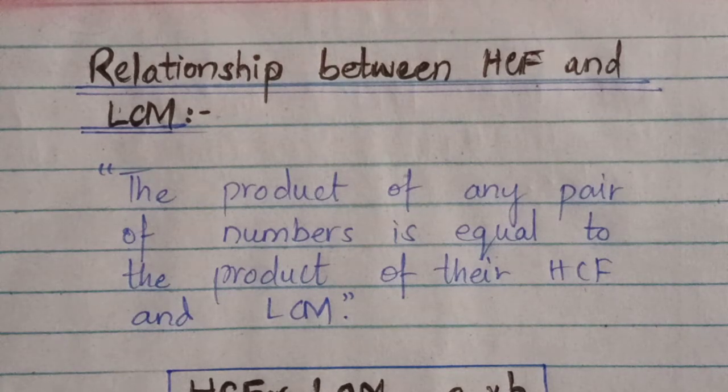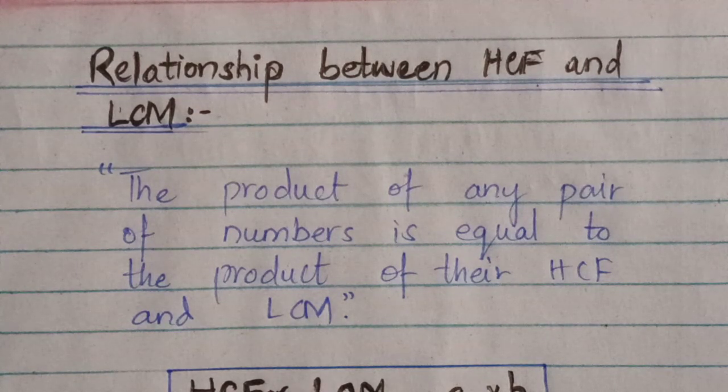So the product of any pair of numbers A and B equals the product of their HCF and LCM. It means that the product of any two numbers A and B equals the product of their HCF and LCM. That is the relationship between HCF and LCM.